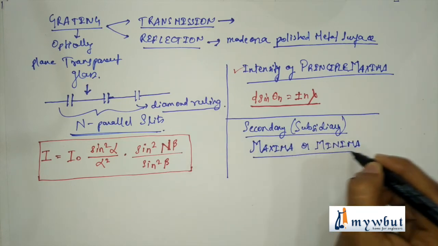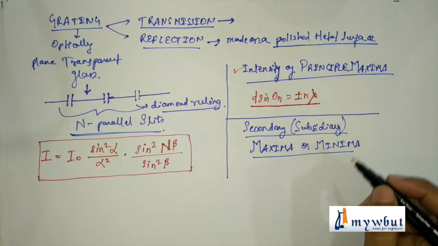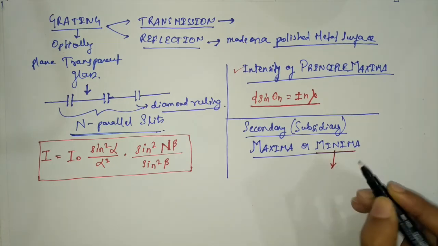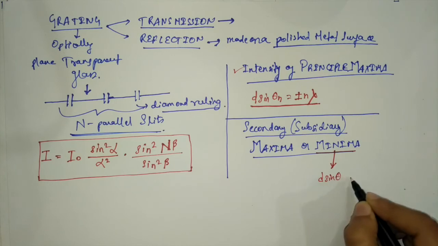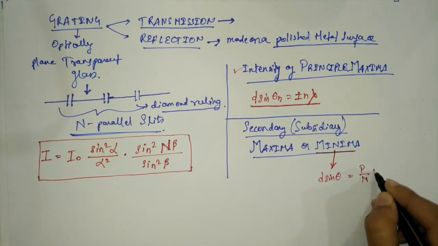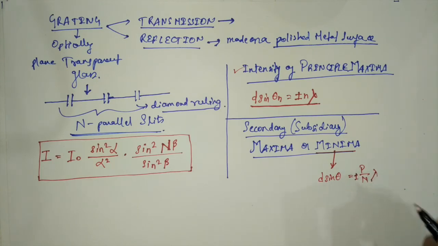So what will be the condition? For secondary minima, the condition will be d sin θ = ±(p/N)λ.